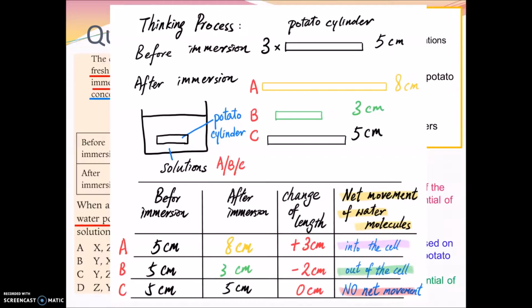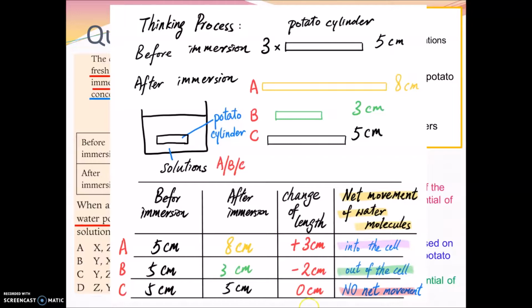Every cell becomes bigger, so it increases the overall length of the potato cylinder. In solution B, it becomes shorter, because there is a net movement of water molecules out of the potato cells. Every potato cell becomes a bit shrunken, a bit smaller, so the overall length of the potato cylinder becomes shorter.